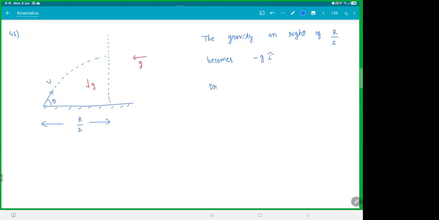Draw the trajectory and find the time of flight. Meaning, how will the path go? Describe the motion and find the time of flight. Actually, if I ask you time of flight, you have to draw the trajectory. Let's get this.